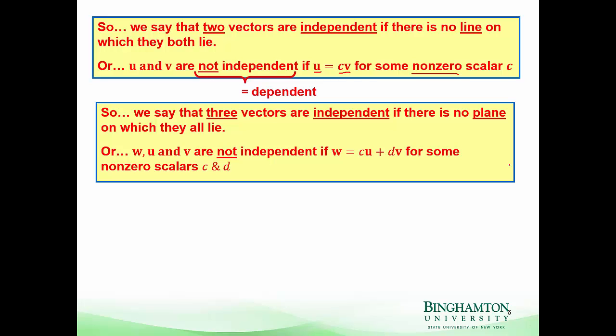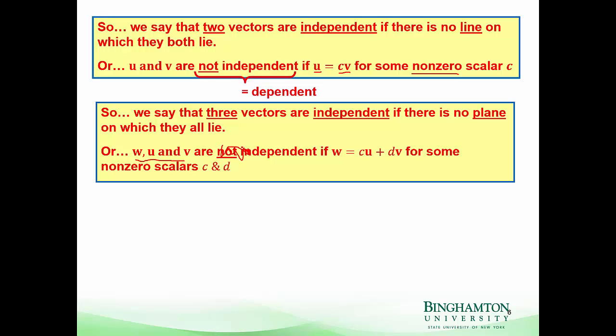Similar to that, we can say that three vectors are independent if there is no plane on which they all lie. Or an equivalent way to say that is that three vectors w, u, and v are not independent.